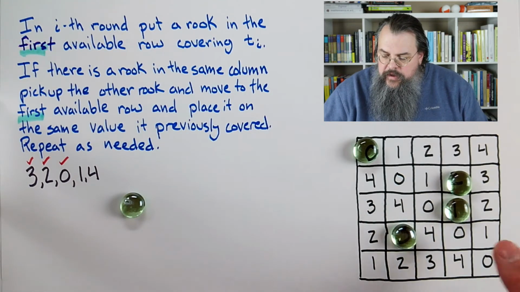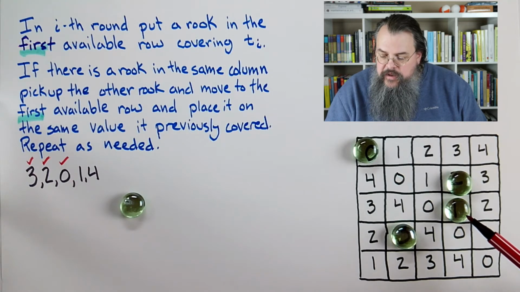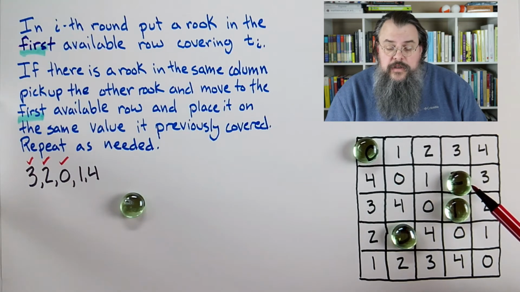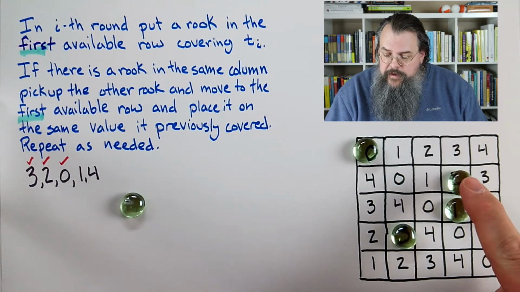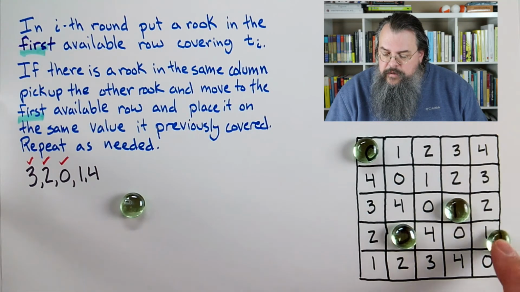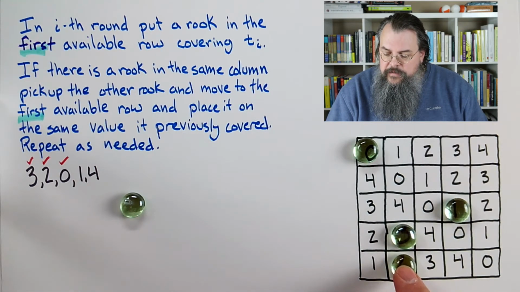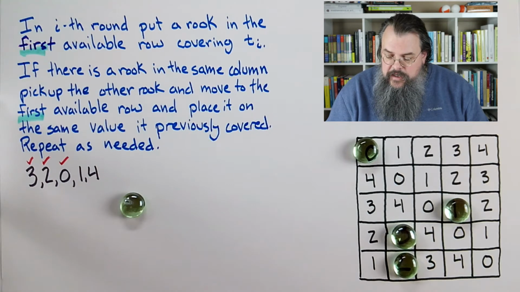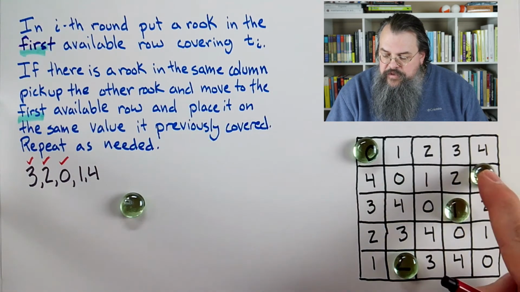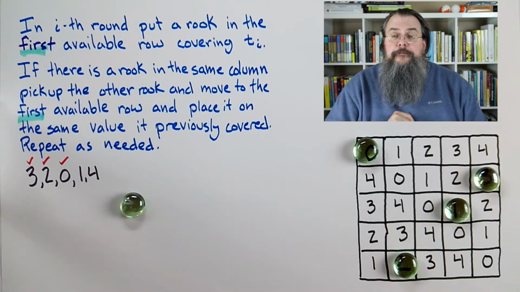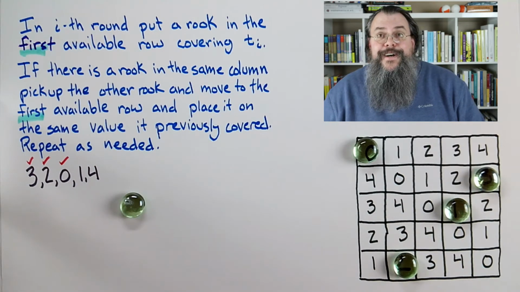There it is. So this is the one that we placed. It conflicts with the one just above it. So the one that conflicts, we pick it up and move it to the first available row. So, aha, another conflict. Okay, so we're going to pick that one up and move it to the first available row. And we're done.